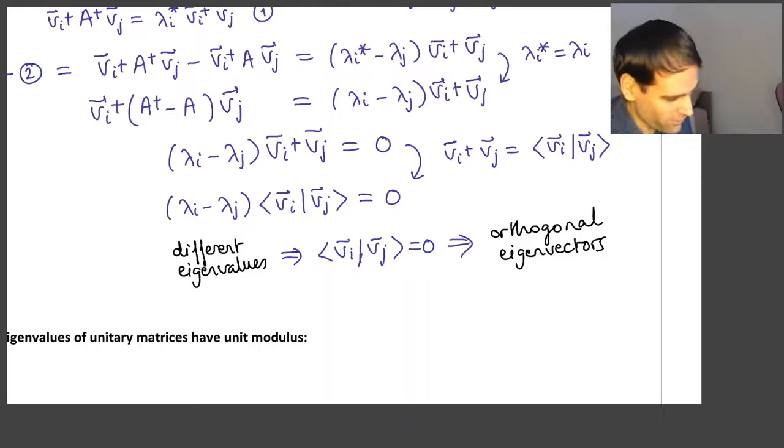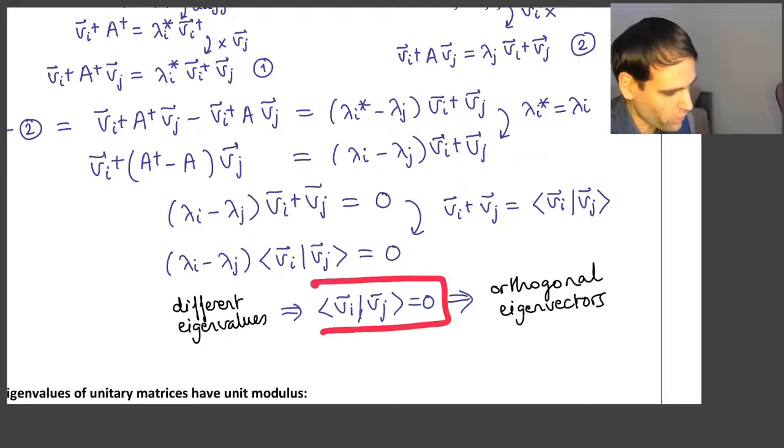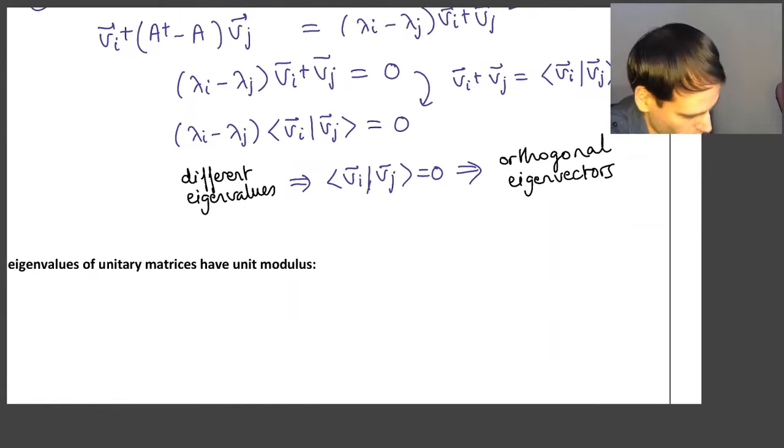Okay, so in conclusion, all of the eigenvectors are orthogonal to each other, and therefore v_i and v_j can be any two eigenvectors.